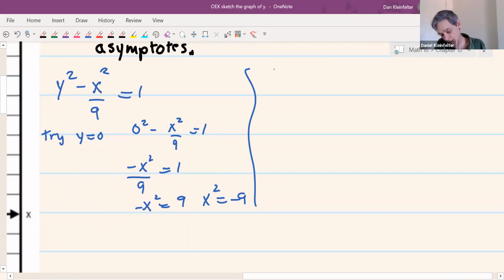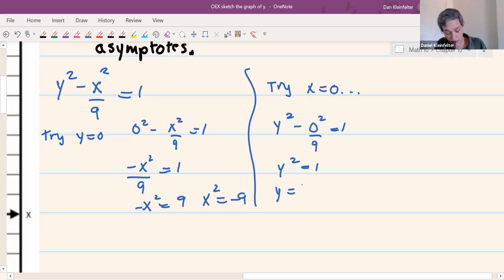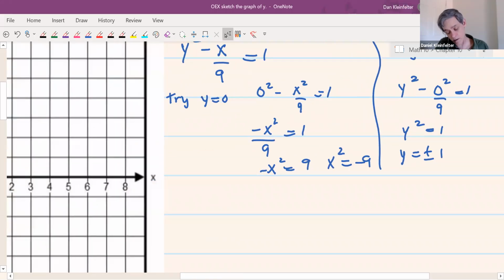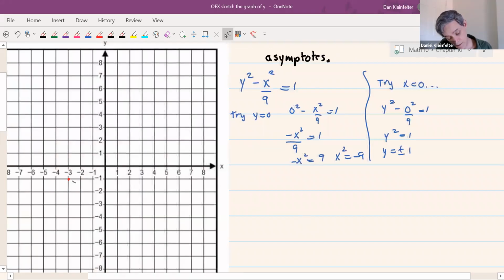Instead, let's try x equaling 0. Okay, if x is 0, we'll have y squared minus 0 squared over 9, and that's equal to 1. We'll have y squared equals 1, so y equals plus or minus 1. So when x is 0, y will be plus or minus 1.